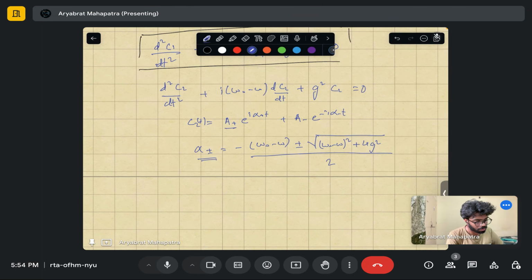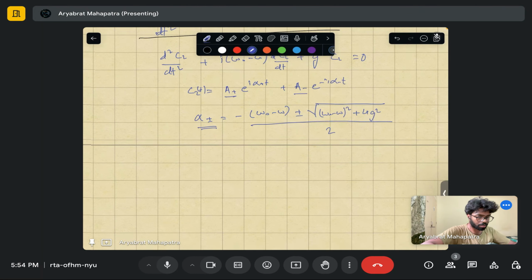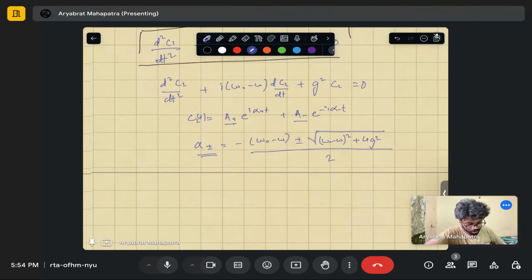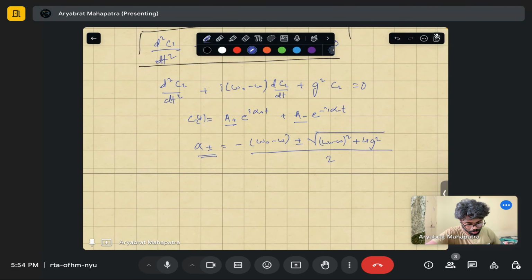Along with it you will have two arbitrary constants which you calculate by initial conditions. Same way we also have initial conditions here. So you got C2.